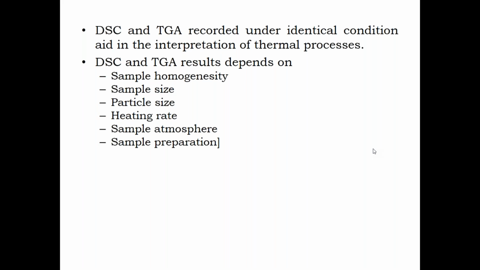You should be very careful, because even a small amount of added water can change the weight. So all this depends on the sample size, particle size, heating rate, sample atmosphere, sample preparation, sample homogeneity. Like this, n number of factors can affect your result. So you should be very careful because it's based on the weight.